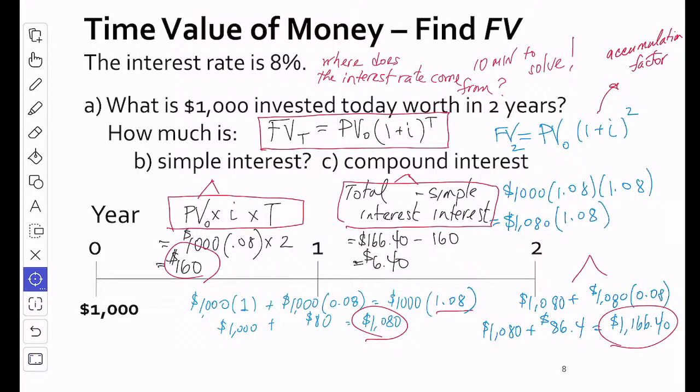Another formula? No, it's literally interest on interest. To find it, I'm going to make this bigger.